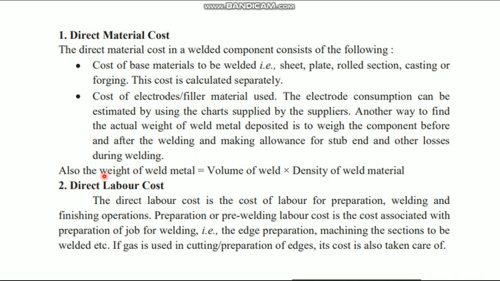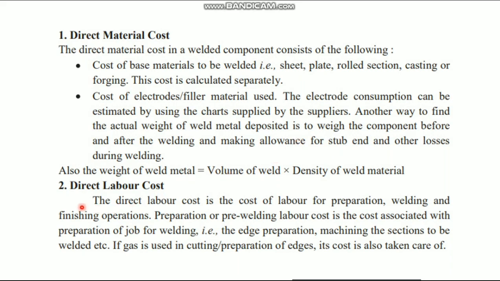Then the weight of the weld metal can be calculated as volume of weld into density of weld material. After calculating the weight, we can find out the cost of the weld metal by multiplying it by its rate per kg.